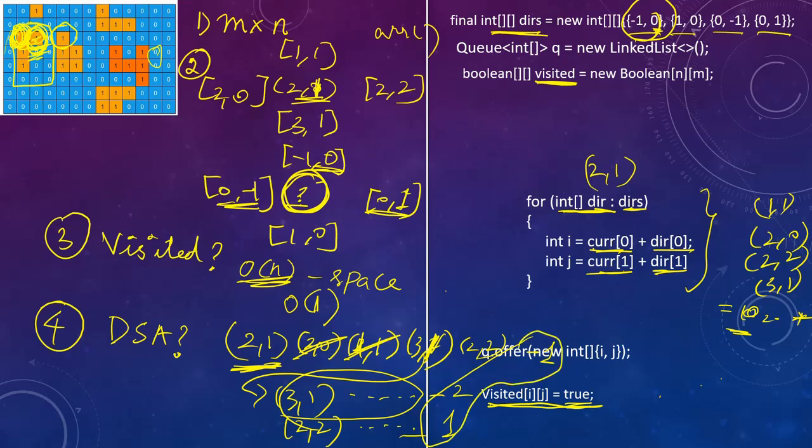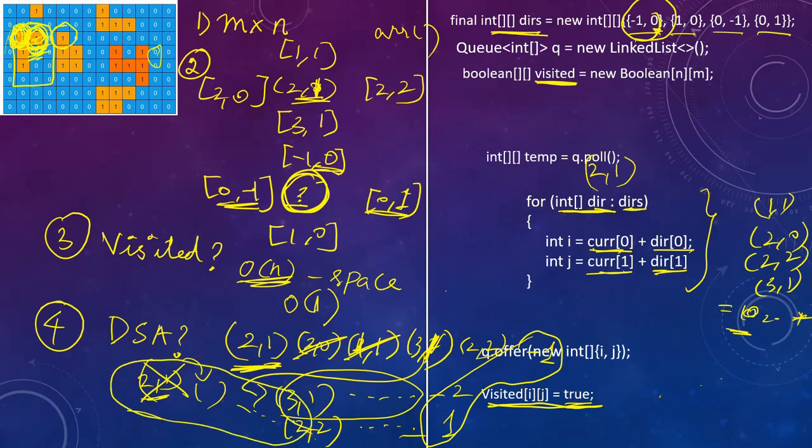So we need a data structure that keeps in a coordinate, and once it is done, we remove it and further proceed with its neighbor, and we keep on adding, and then we finish all the coordinates that are added. So let me erase them.